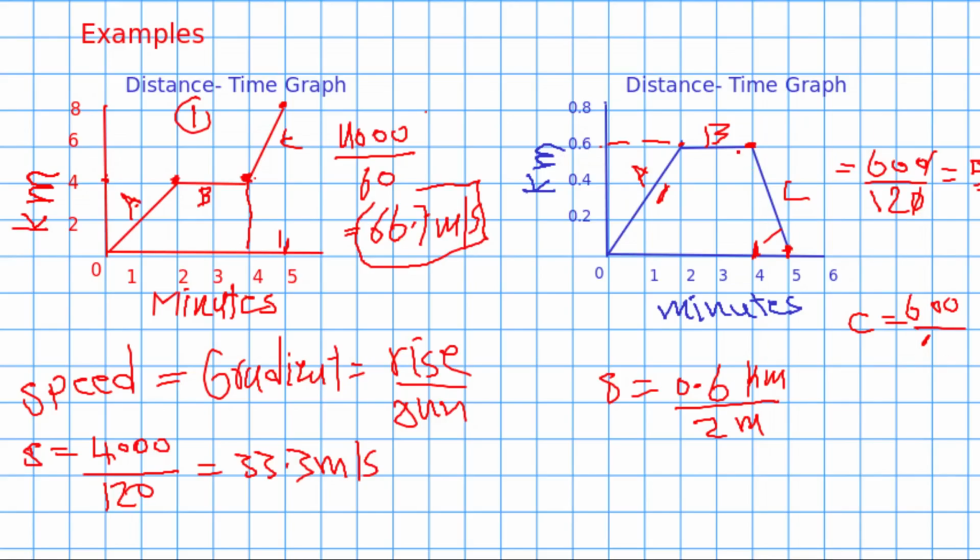The entire journey from this point to this point took just 1 minute, because from 4 to 5 it was just 1 minute. So 1 minute is equal to 60 seconds, which gives 10 meters per second. So this is our speed in section C.